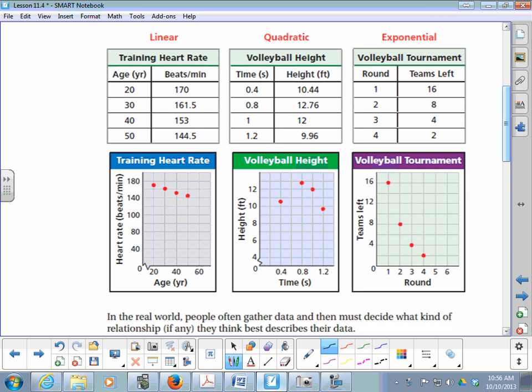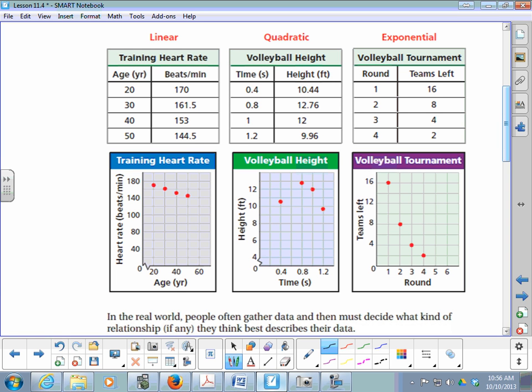If it's a quadratic, then it'll either go up and then come back down like the height of a volleyball, or it'll go down and come back up. So either it makes a U shape or an upside down one. And exponential, we know that it's either growing or decaying, and we know what they look like.